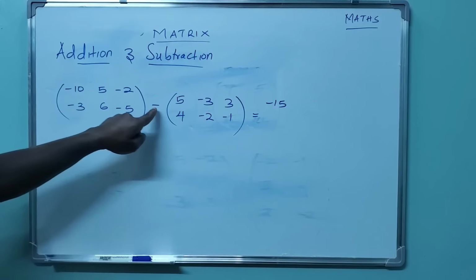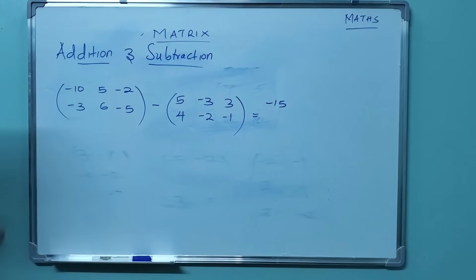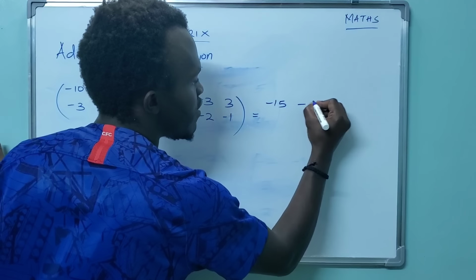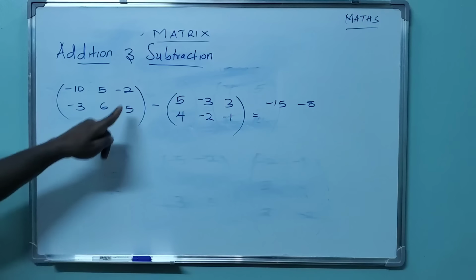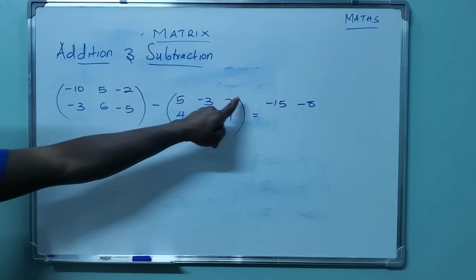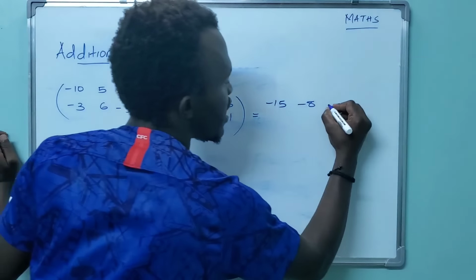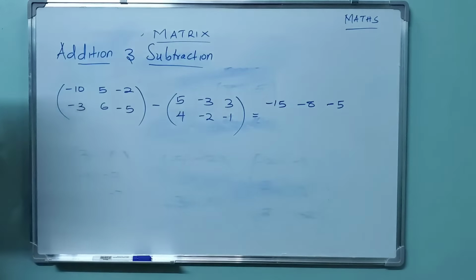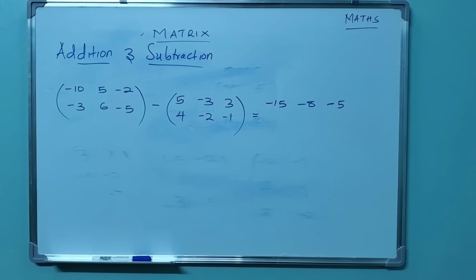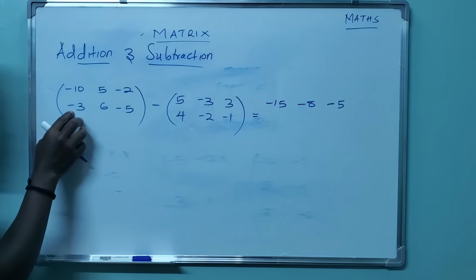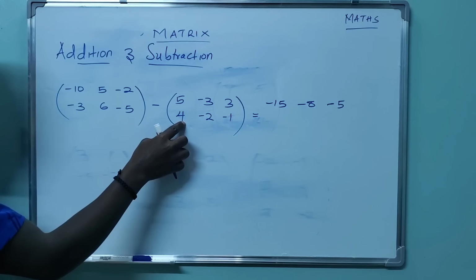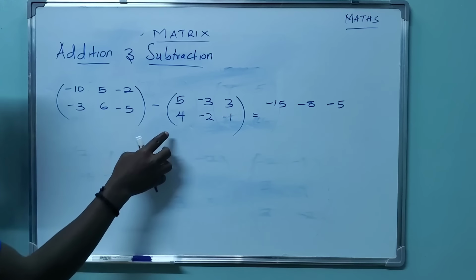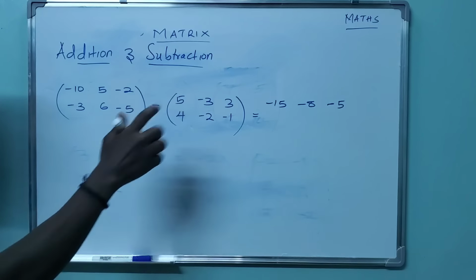Then 5 subtract negative 3, I'm going to have negative 8 right there. Then negative 2 minus 3, I'm going to have negative 5 there. And I'm done with the upper row. Then I go to the lower row. Negative 3, subtract 4, just a minute.